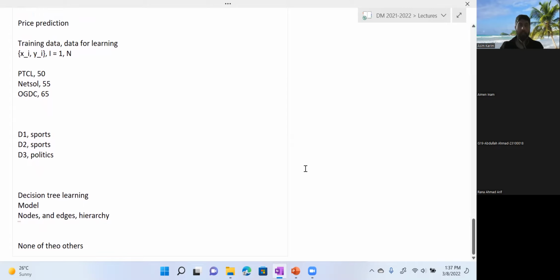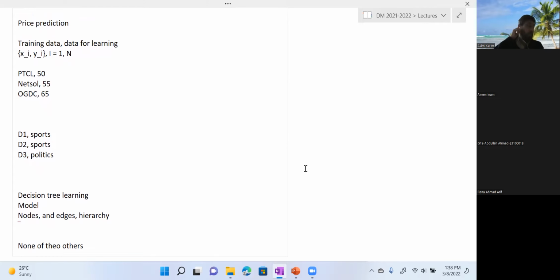Nodes generally represent attributes, edges represent their values, and of course the hierarchy means that we are checking the values one at a time. So at the start, the tree has just one node. It might have multiple edges, and then after each edge comes another node, then multiple edges.